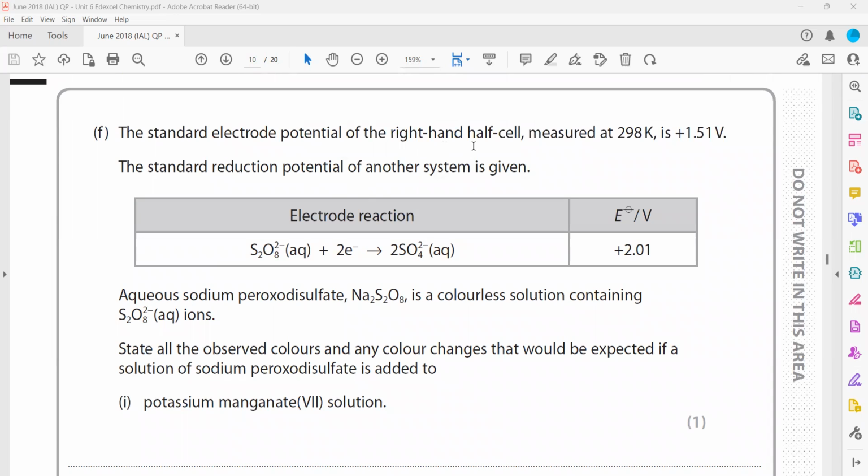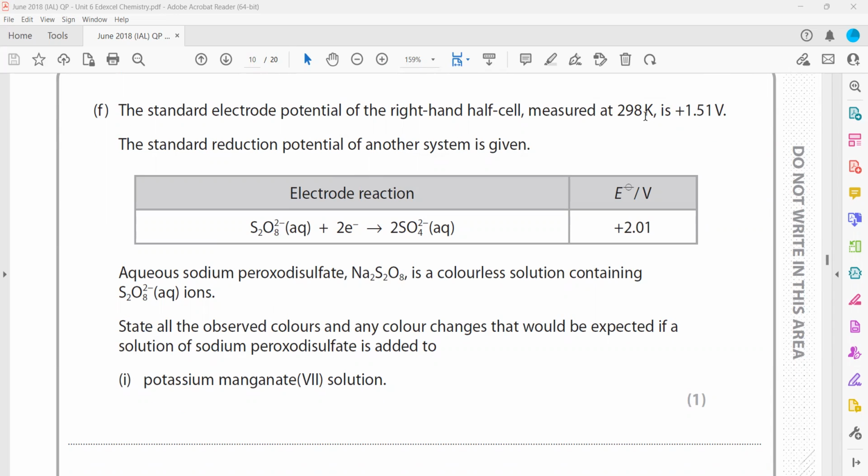So on the right hand side, the electrode potential is 1.51. When we compare the two cells, what does it mean? Electrode potentials are always given for reduction.